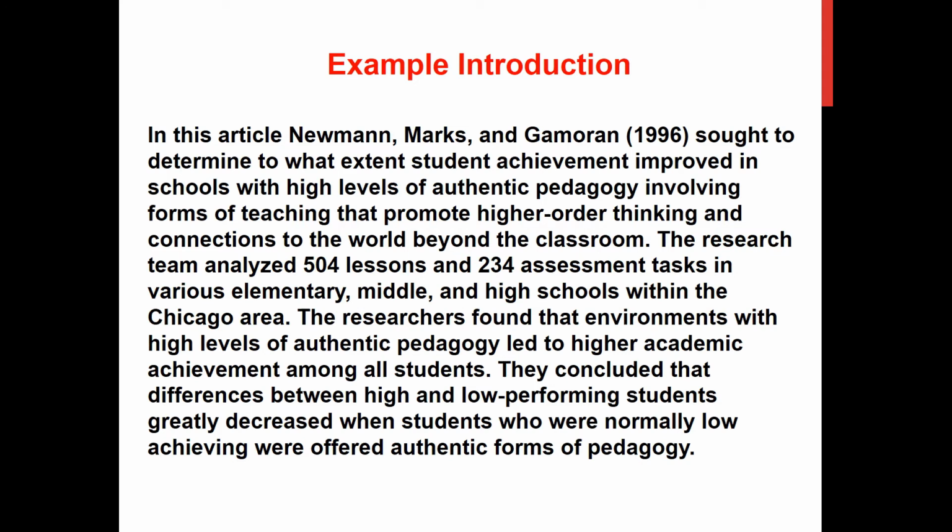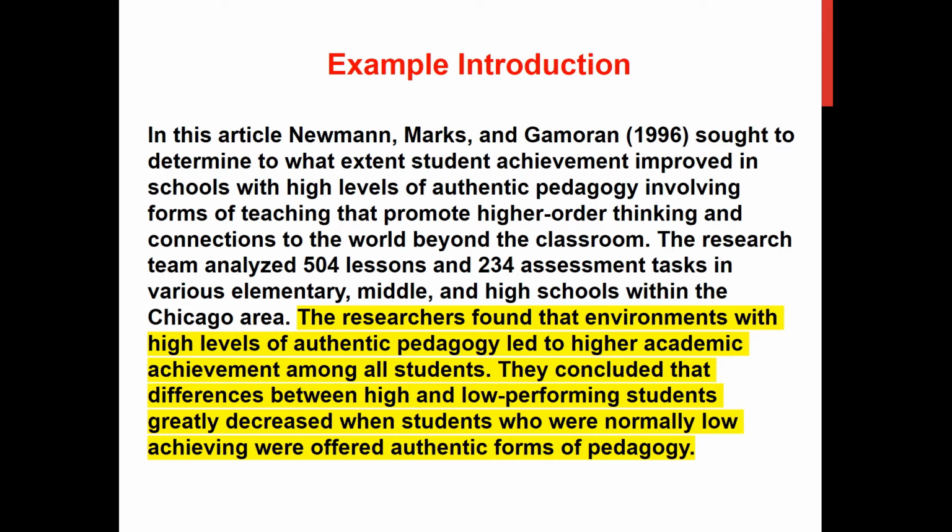From there, we transition to the findings. The researchers found that environments with high levels of authentic pedagogy led to higher academic achievement among all students. They concluded that differences between high and low performing students greatly decreased when students who were normally low achieving were offered authentic forms of pedagogy. Now you'll notice that I only have two findings there.